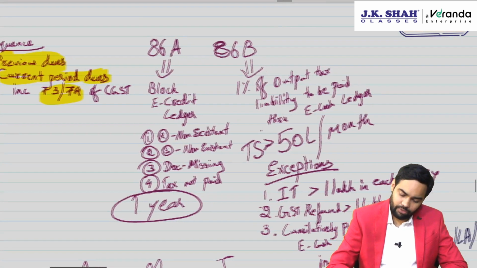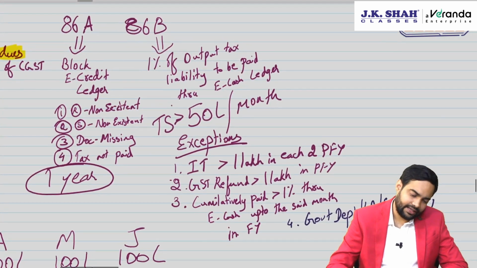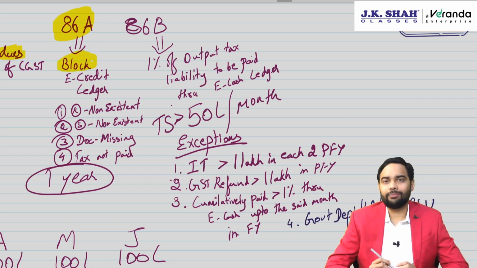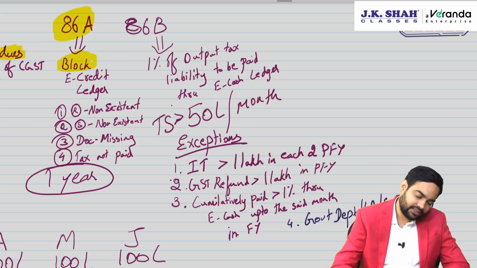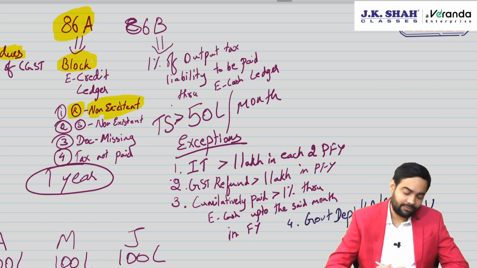Two important points are rule 86A and 86B. 86A gives power to the officer that he can block the e-credit ledger. He will not allow debit from the e-credit ledger of an amount which he feels that fraudulent activities are done. First case, where the recipient is non-existent: the person who took ITC, they went to that place, no one was there, or he is not carrying any business from that place.